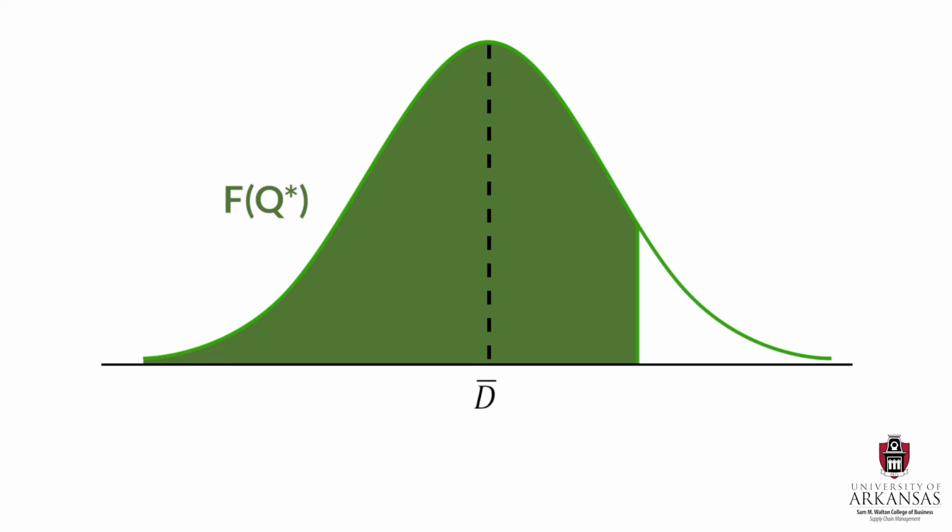As you can see, it takes an order quantity of q star to achieve the desired in-stock probability. In other words, the optimal Newsvendor quantity is equal to the sum of average demand d bar and z standard deviations of demand, where z is the standard normal variate that corresponds to the optimal in-stock probability F of q star.